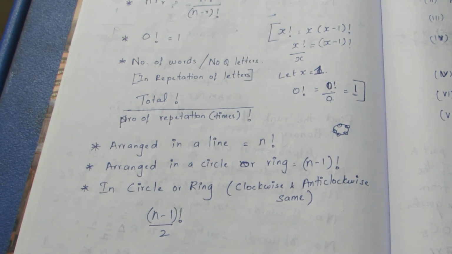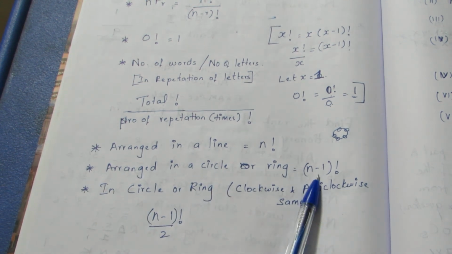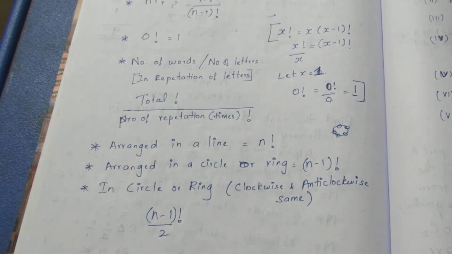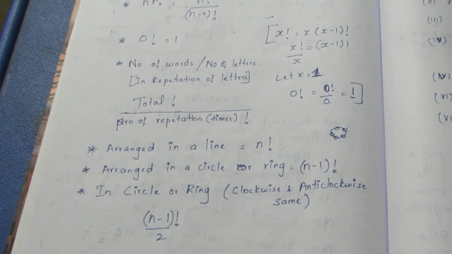Remember this. If it is not the same, then if it is arranged in a circle, your formula will be n minus 1 factorial. And if the arrangement is the same in both the clockwise and anti-clockwise directions, then your formula will be n minus 1 factorial by 2.